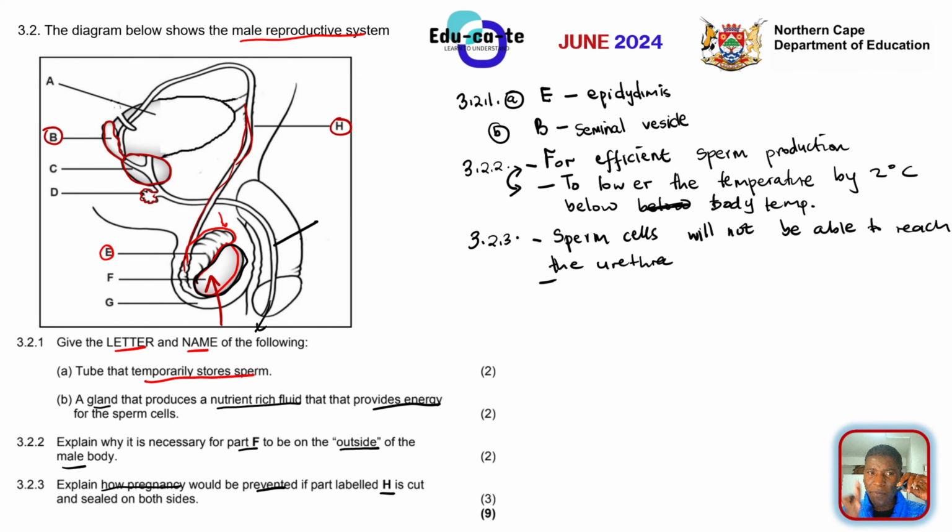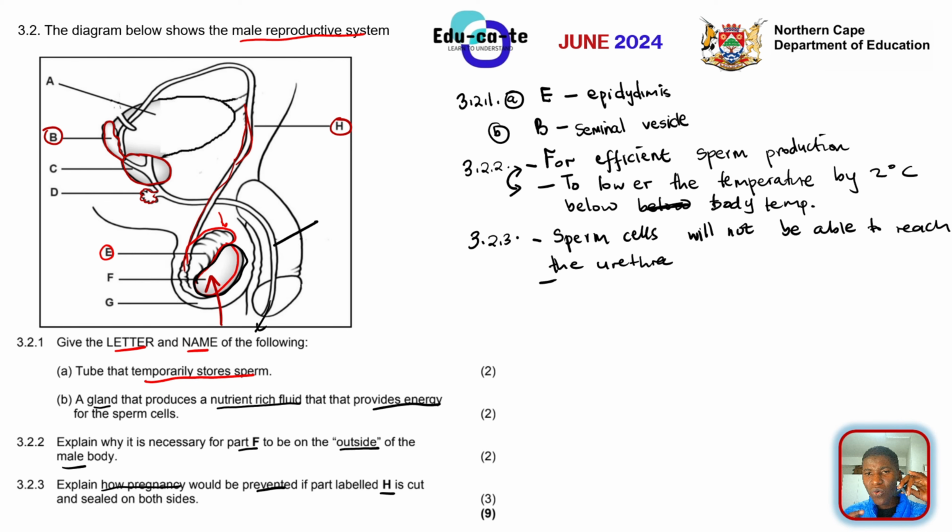I mean, you cannot move on something that has been cut and tied. Once we cut our bond, once we cut our relationship, how can you move through it and pretend everything's fine? I mean, perfect. So the sperm cells will not be able to reach the urethra because they are being blocked by this vas deferens that has been cut and tied.